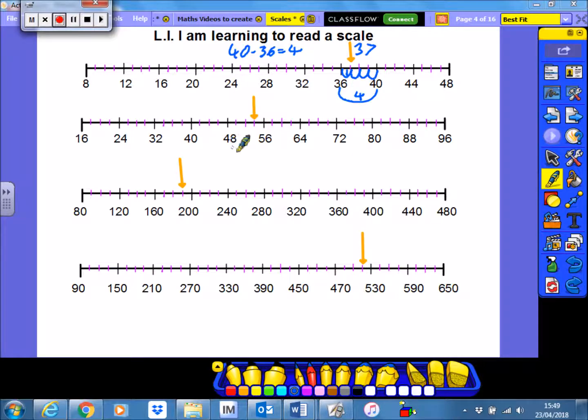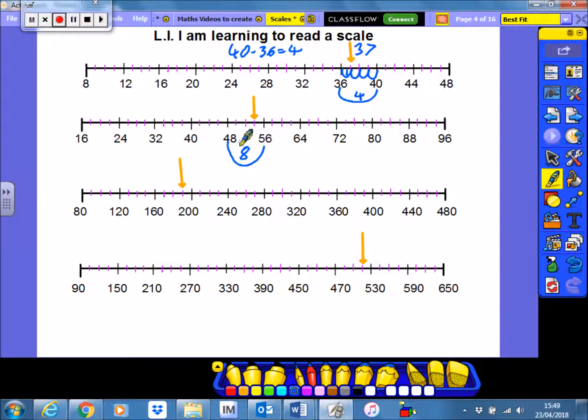So, with this example down here, we're being asked about this particular location on the number line. So, the larger increment between 48 and 56 is a jump of 8. So 56 take away 48 is 8, or I could just be looking at the jump between 40 and 48. That's a bit easier to see.